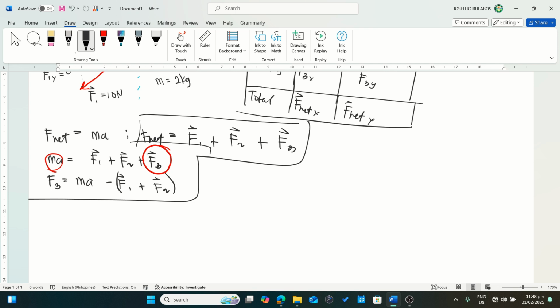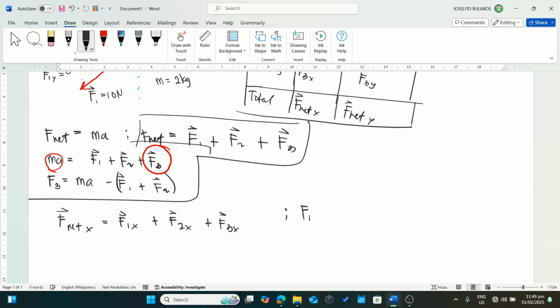If we have F net X, it should be the sum of F1 along X direction plus F2 along X direction plus F3 along X direction.